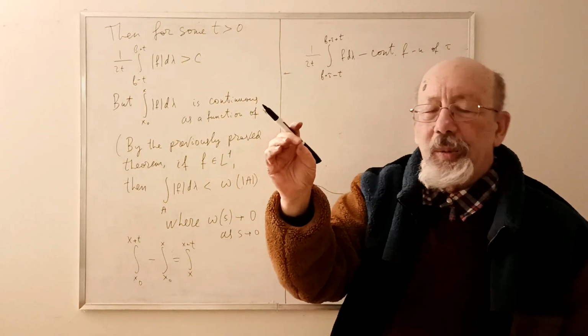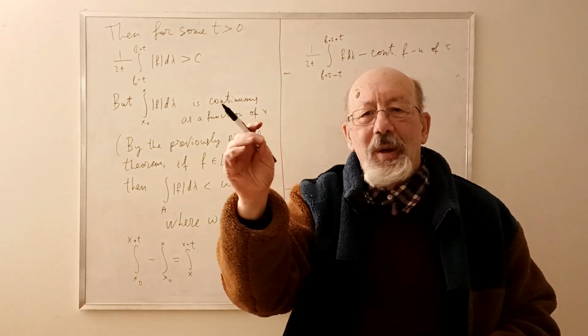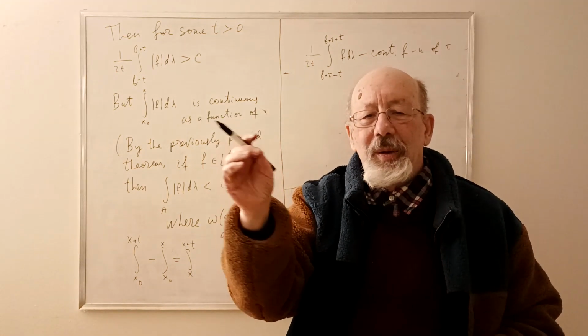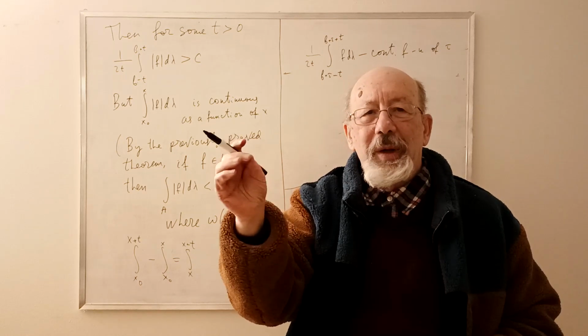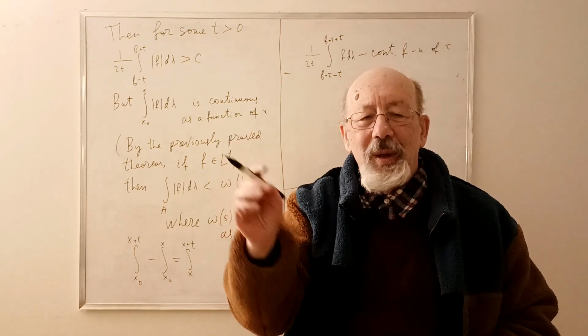And if at tau equals 0 it was more than c, then for some small range of tau it is also more than c.